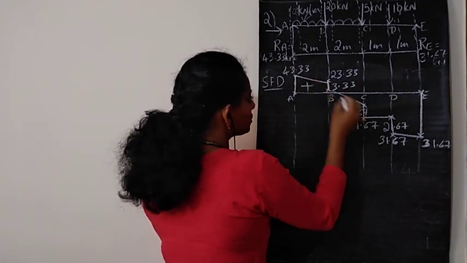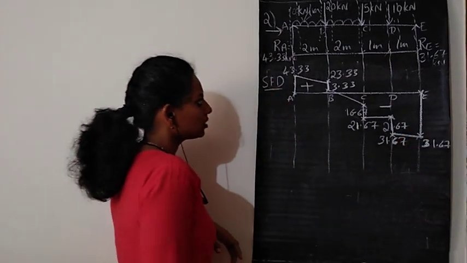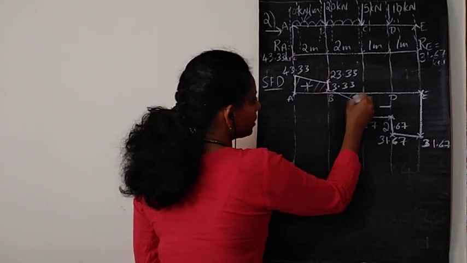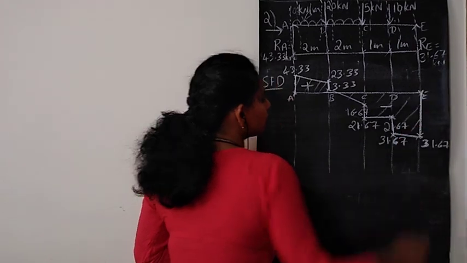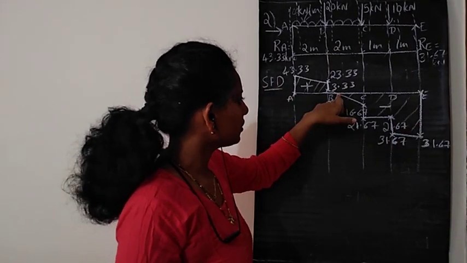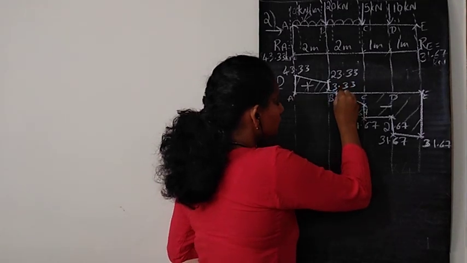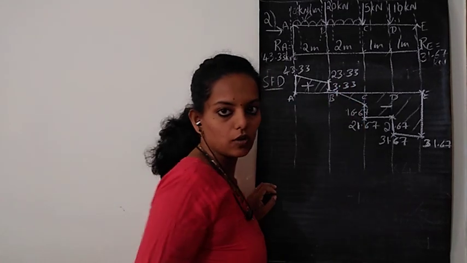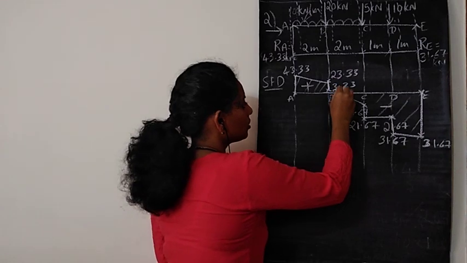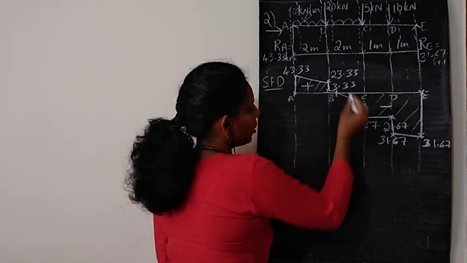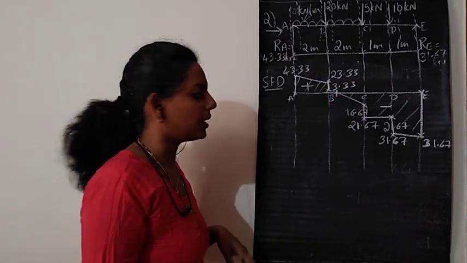So this is your positive region, this is your negative region. This is SFD diagram. And remember, wherever there is a change in sign, that is where shear force is 0. In this point you have shear force value as 0. Okay. So at that point you will have maximum bending moment.